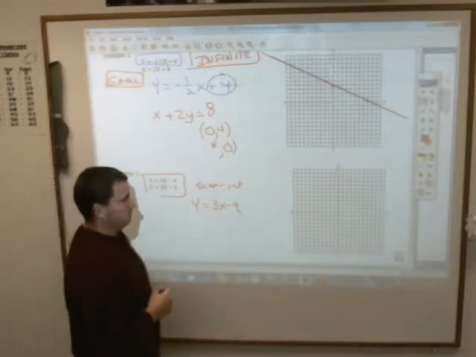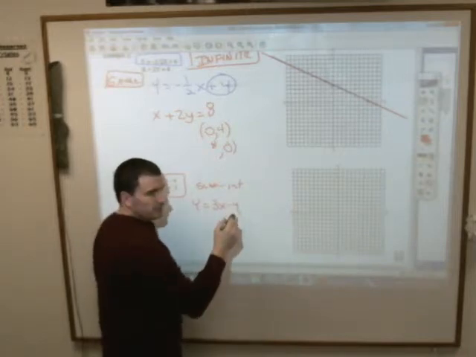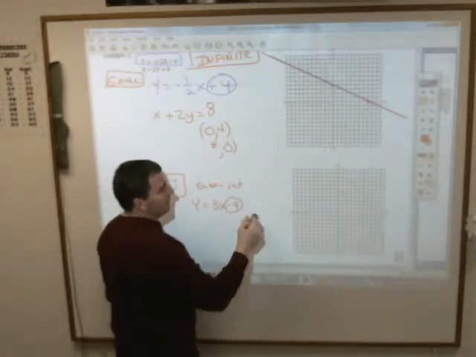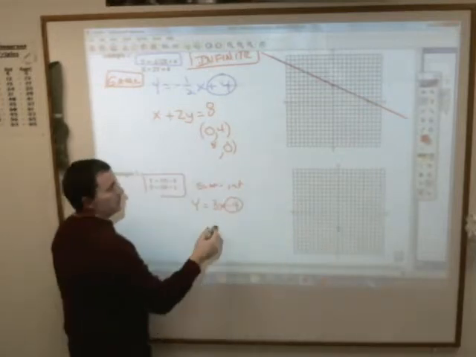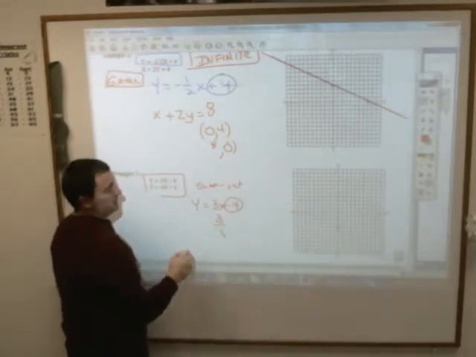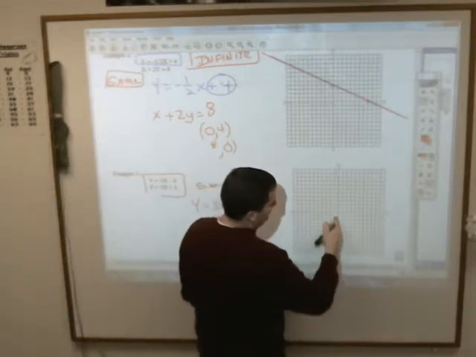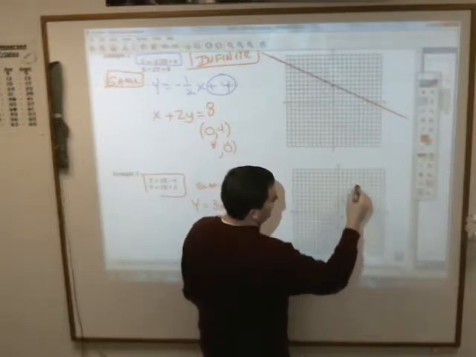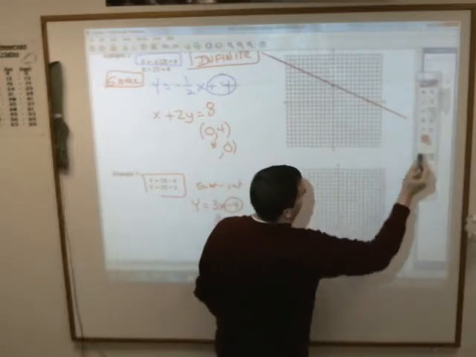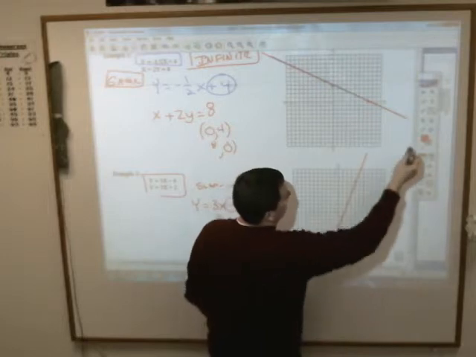Say -4 on the y-axis, so I put a little dot there at -4. My slope is a positive 3/1. So up 3. Perfect. It's positive slope, so you got to go this way. Up 3/1, up 3/1, up 3/1. And there, children, is our line.